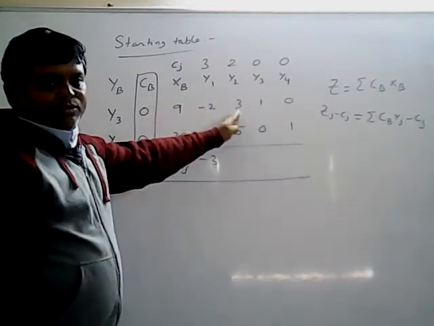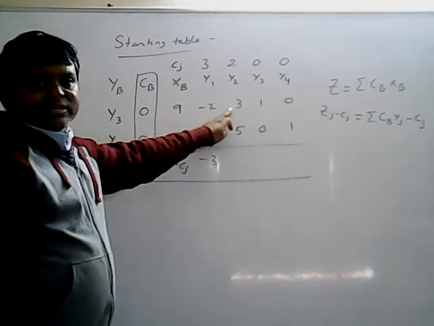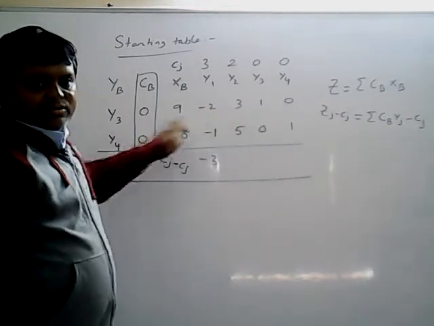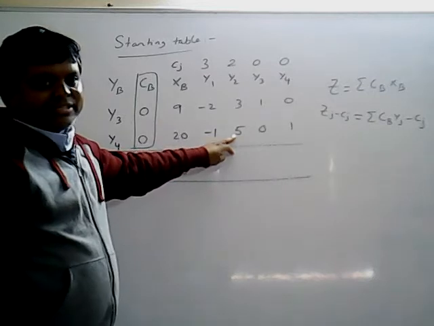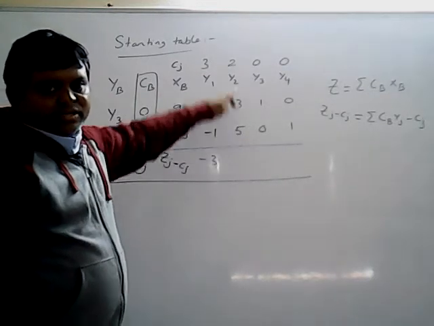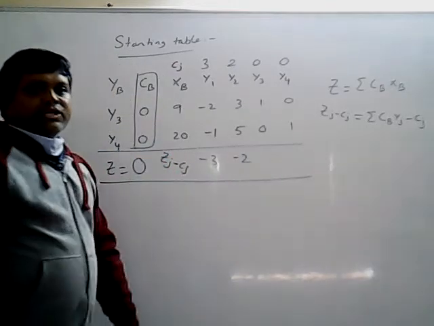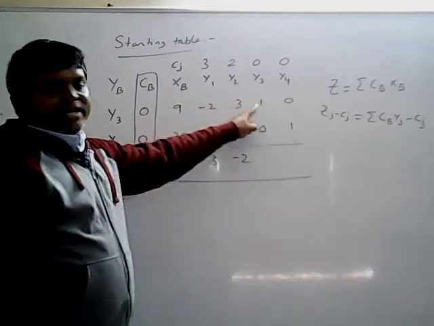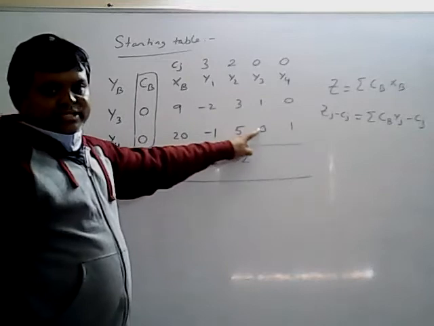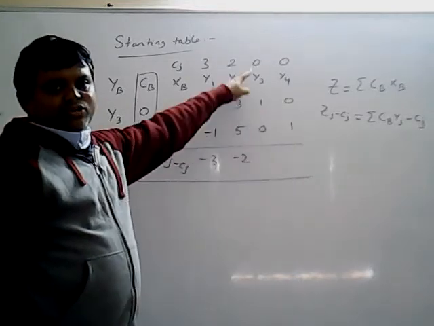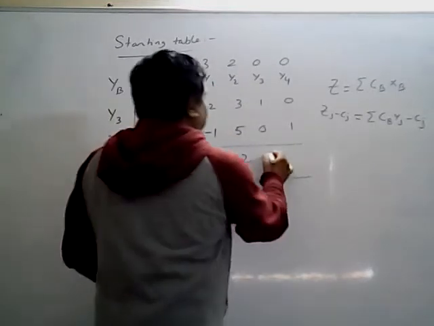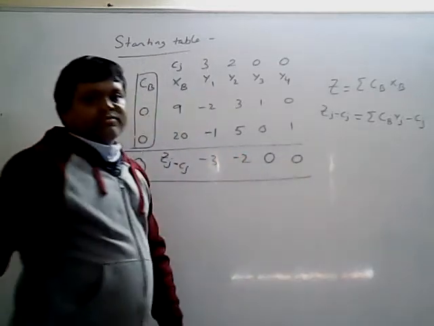Next Cb into Y2. 0 into 3 is 0, 0 into 5 is 0. Total value is 0. 0 minus 2 is minus 2. Next, 0 into 1 is 0, 0 into 0 is 0. Total value is 0. 0 minus 0 is 0. Simply this also will be 0.